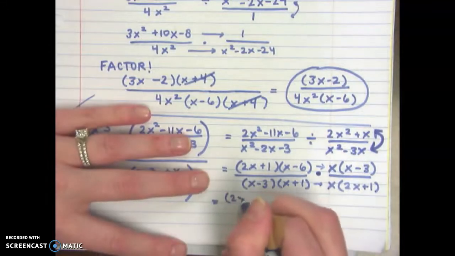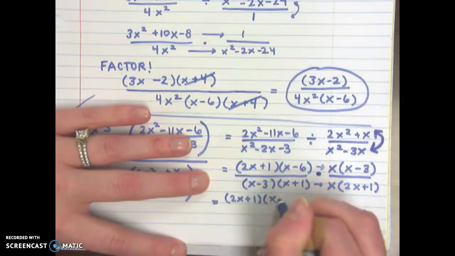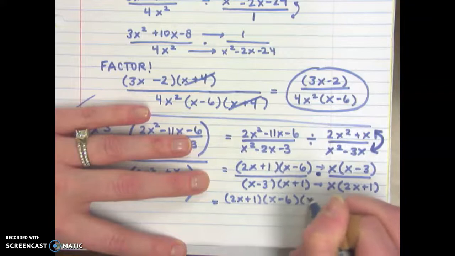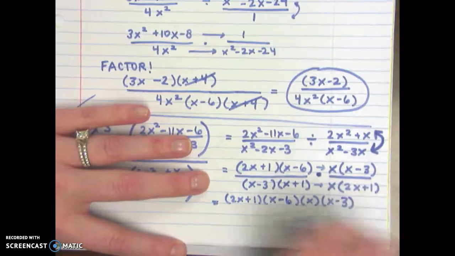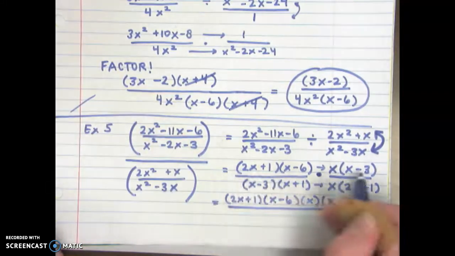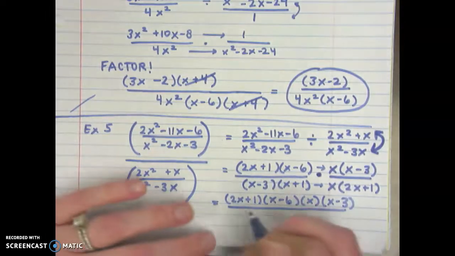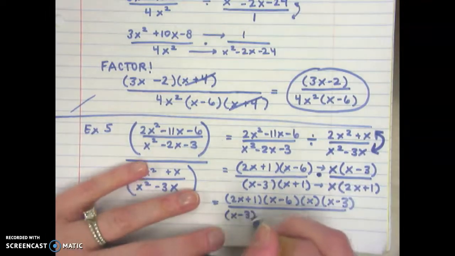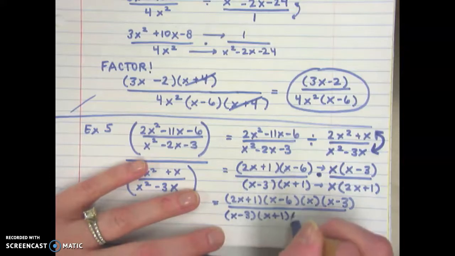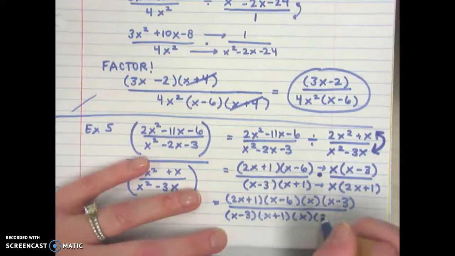So I have 2x plus 1, x minus 6, times x minus 3. Essentially writing all your factors multiplied by each other. X minus 3, x plus 1, times x, times 2x plus 1.